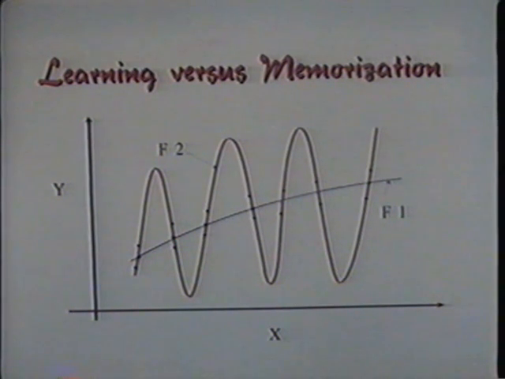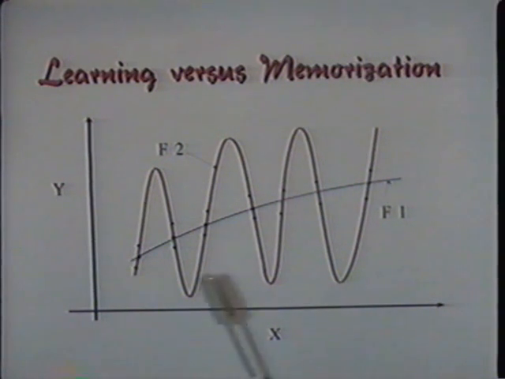But I keep the identification process going to minimize the errors in the parameter identification. If I do that, I'm probably going to get a function like f2, which will pass through every single point that was collected in the test. Now, this function will probably give you 0 error in training.